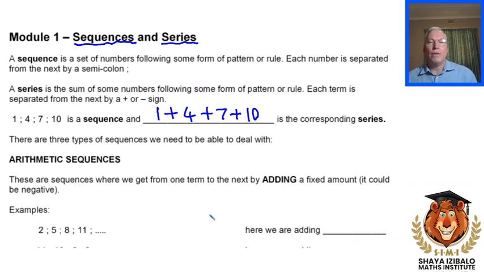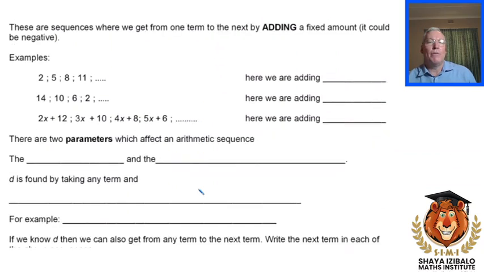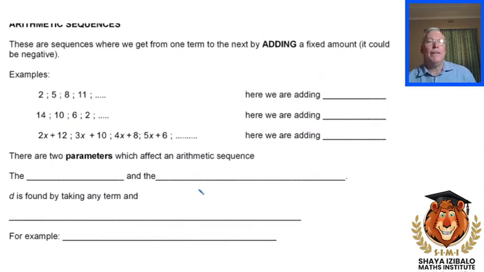Okay, so the first type of sequence that we're going to deal with is called an arithmetic sequence. These are ones where we get from one term to the next by adding a fixed amount. Now notice it could be a negative amount that we are adding. In this case, what are we adding? We are adding 3 to get from one term to the next. In this one, the terms are actually getting smaller.